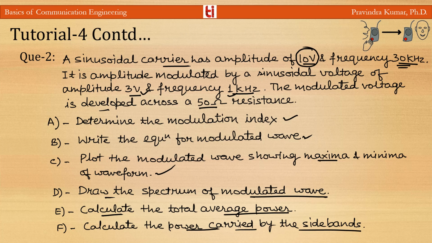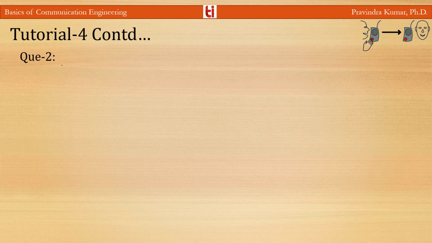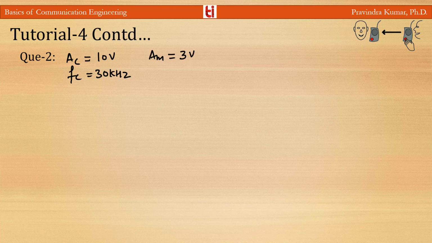Here you can see AC is 10 volt and FC is 30 kilohertz. So from the question, AC, the carrier voltage, is 10 volt and the carrier frequency is 30 kilohertz, and AM, the peak amplitude of the modulating signal, is 3 volt, and the frequency of the modulating signal is 1 kilohertz.